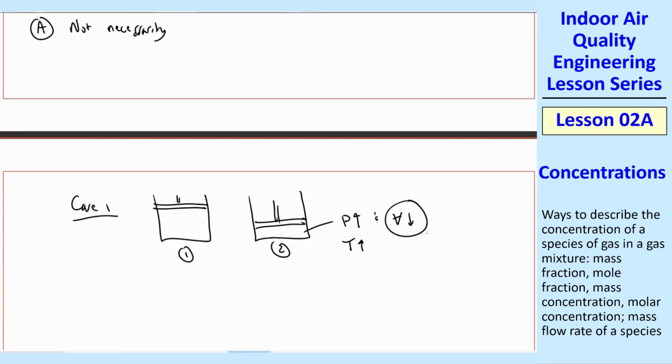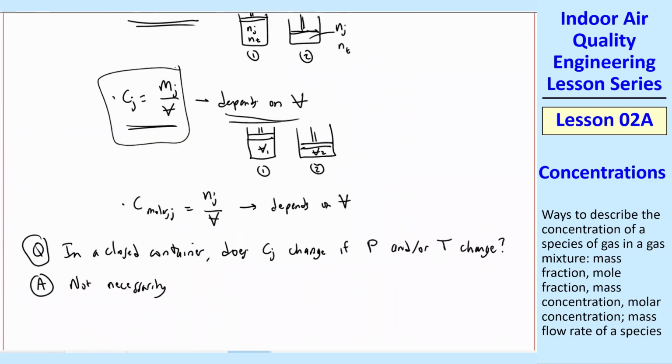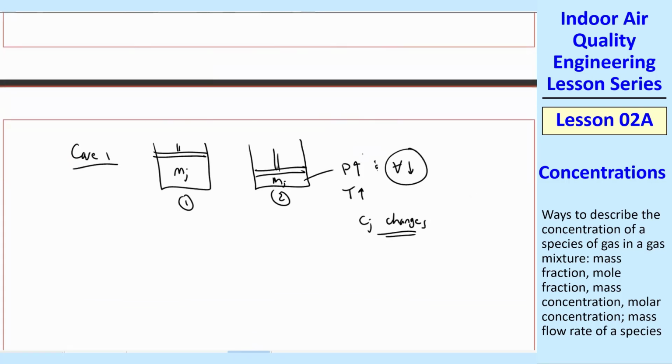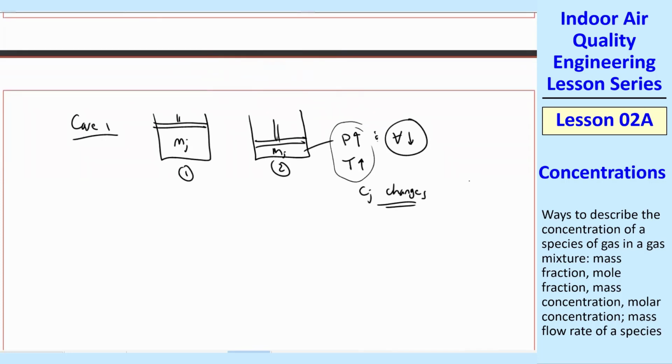The only thing that matters is the volume, because Cj is defined as Mj over V. We haven't lost any mass, so whatever Mj is here is the same Mj here. So Cj does change. We'd say, yeah, it's dependent on pressure and temperature because these changed, but it's really changing because of volume.